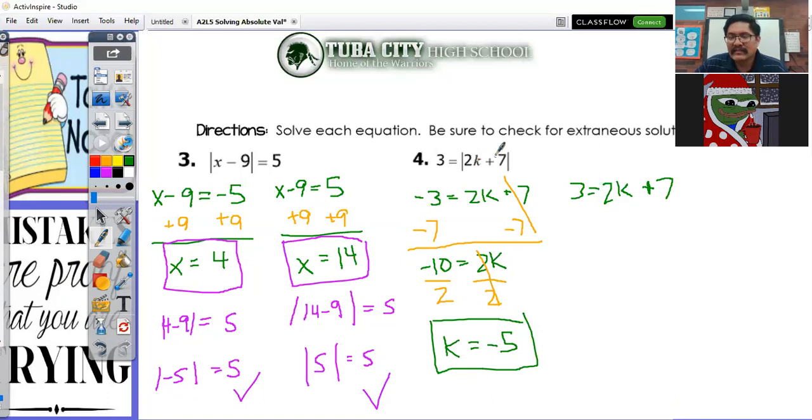Negative 10 plus 7 is negative 3. Take the absolute value of negative 3, you get positive 3. So that's a working solution. See, not so bad. Some of these, there's like 2 of them that are going to be a little bit bad.